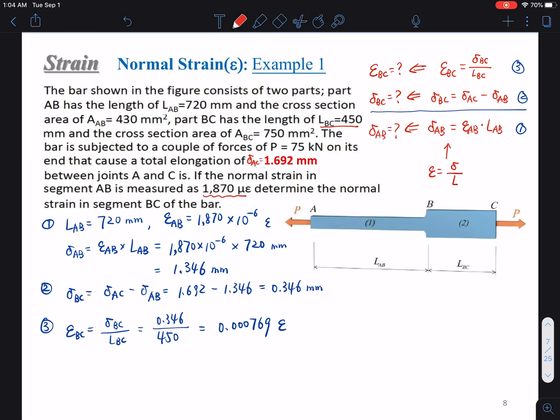Or if you like to use microstrain, this is 769 microstrain, because this equals 769 times 10 to negative 6 strain. That's it.